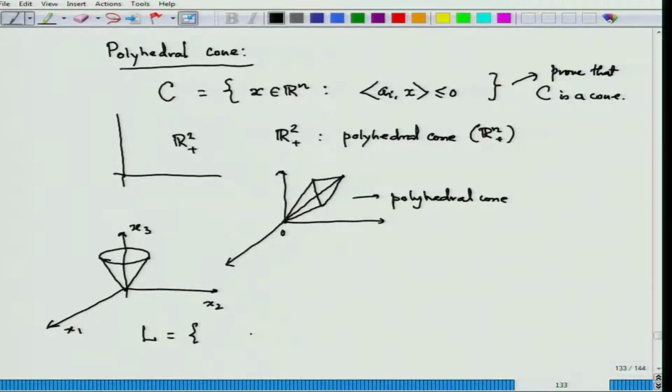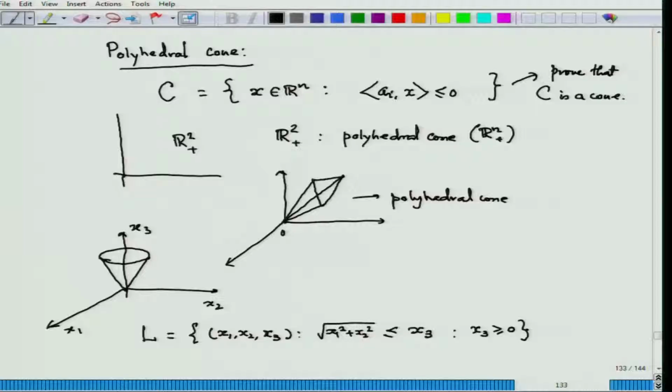It consists of all x1, x2, x3 such that the root of x1 square plus x2 square is less than or equal to x3, where x3 is greater than or equal to 0. This is a non polyhedral cone, because here I have a quadratic inequality, not a linear inequality.